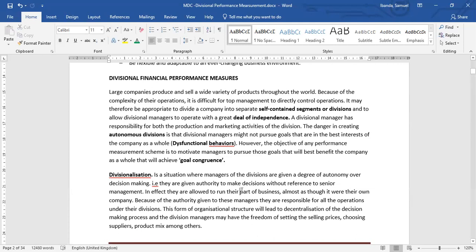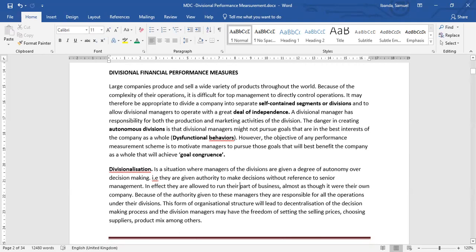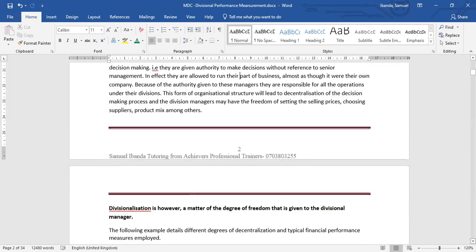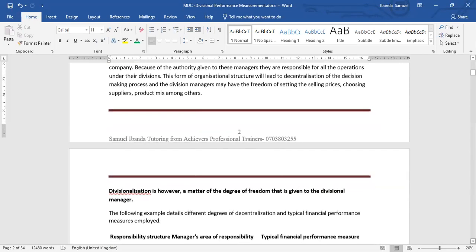So just maybe also to know, of course, divisionalization from a definition perspective is where managers of different divisions are given a degree of autonomy over decision making, okay? Basically, it's giving authority to the managers.